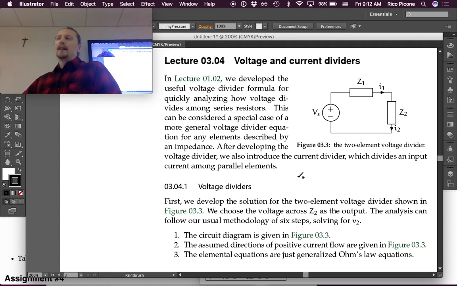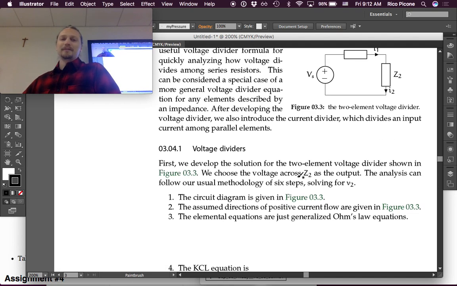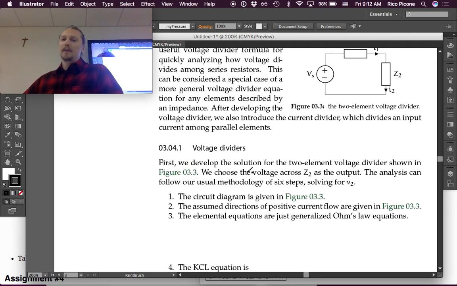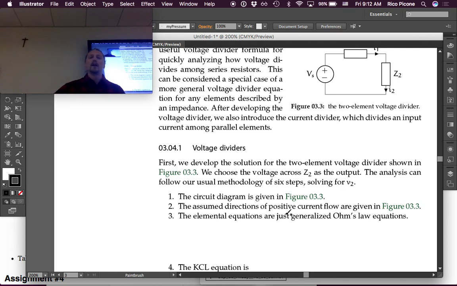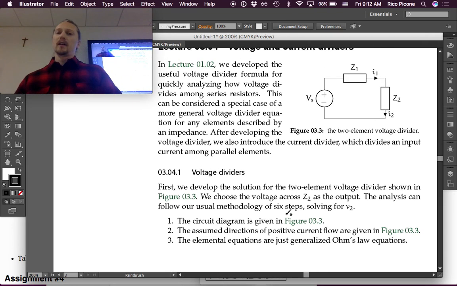So, voltage dividers. First, we developed the solution for the two-element voltage divider shown in this figure. So, we've got a voltage source of some sort. Technically, this could be any voltage coming in. It doesn't have to be a source. Say you just have some voltage that is coming in right here from the network. The same holds true no matter where you are.